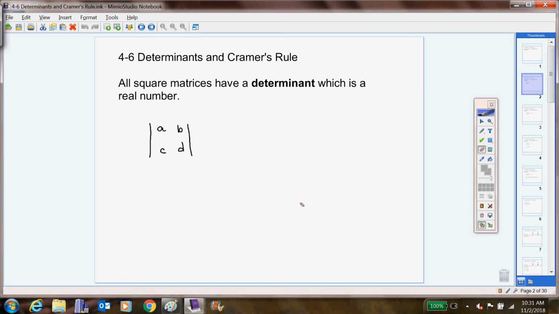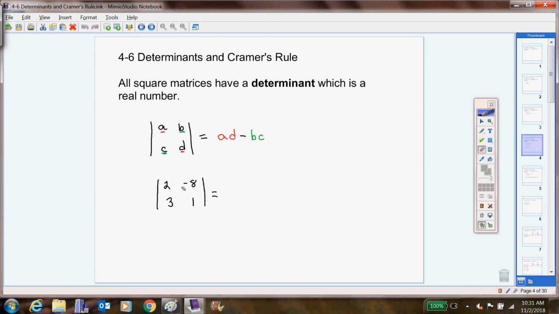A 2 by 2 determinant is very, very easy to calculate. You'll have a number in each one of these places, and you're making a crisscross shape. You're going to multiply these together and then subtract, and come back and multiply these together. Our formula looks like this: A times D minus B times C. If you mentally make this swirl as you're going through, it's very easy to calculate the determinant of a square matrix.